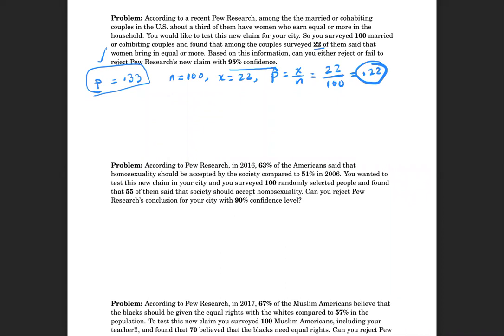Now, we are doing a 95% confidence level, so the middle is 0.95, and this is 0.025, 0.025. And the z value for this is 1.645?